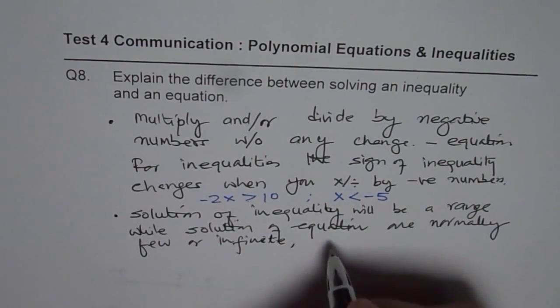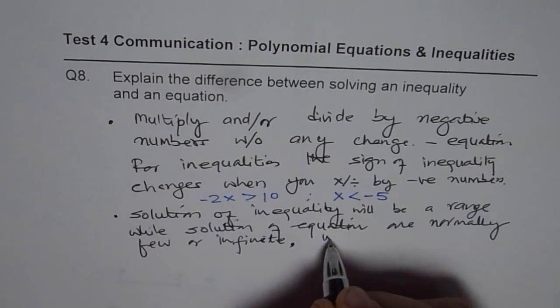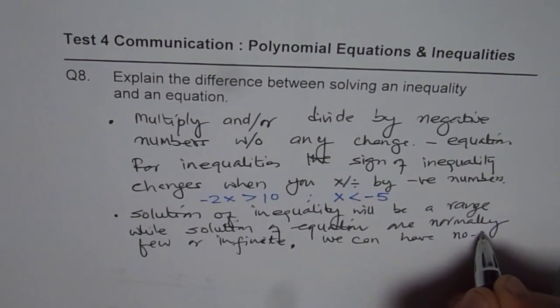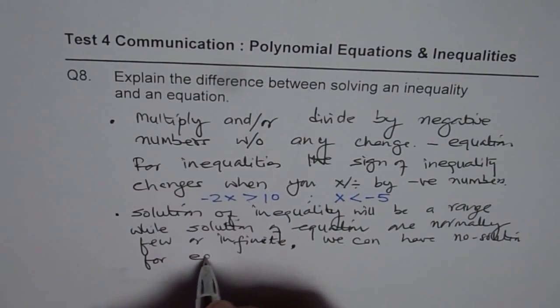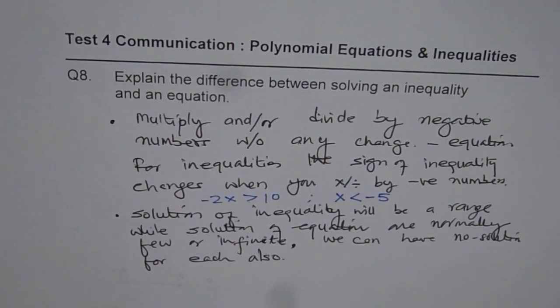Of course, we can also have no solution for each, right? Remember, we can have no solution for each also, right? That is very important to understand, right?